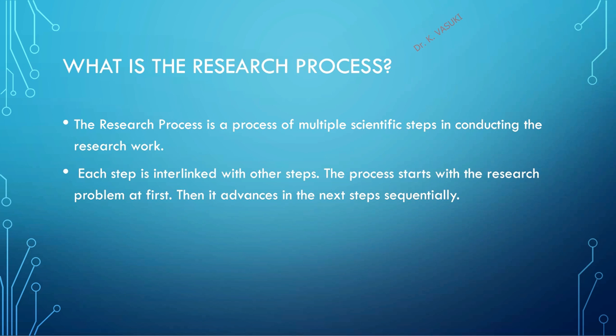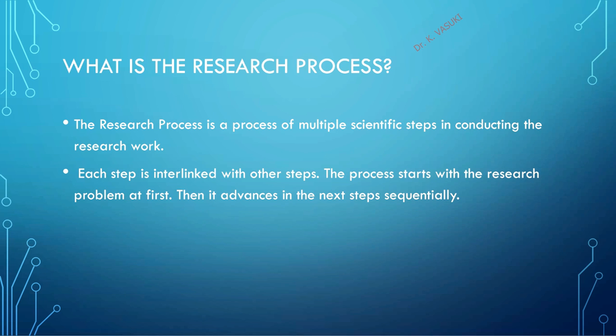Because we are going to discover new facts, or we are going to verify whether the old facts are still applicable or not. So we are going to study the relationship between social phenomena. For all those purposes we have to follow the scientific process in social work research.